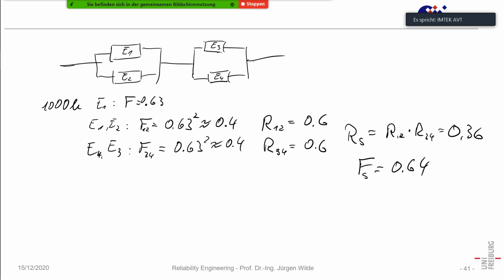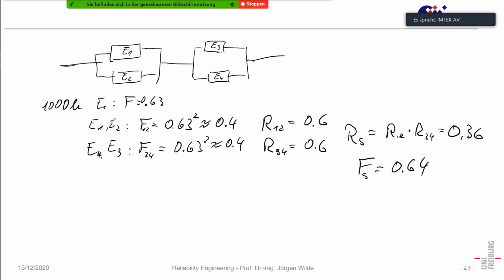If all elements are equal and if we have such redundancy, finally the failure probability is the same as if we would only have one element which has the same failure function. Okay, in that way we have solved it.